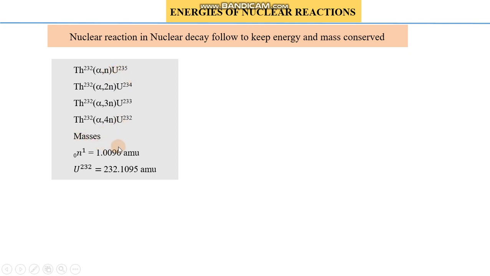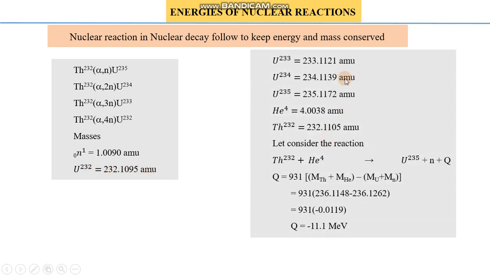Let's consider the masses of the particles which participate in nuclear reactions. The mass of a neutron, you are aware, is 1.0090 AMU. Thorium-232 is 232.1095 AMU. 233 is 233.1121 AMU.